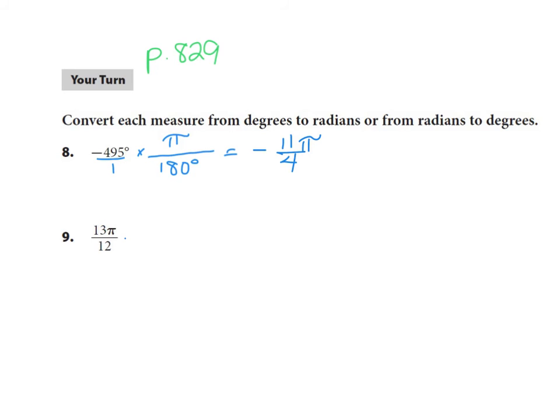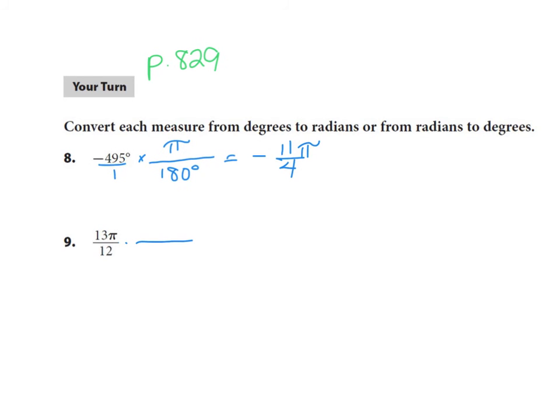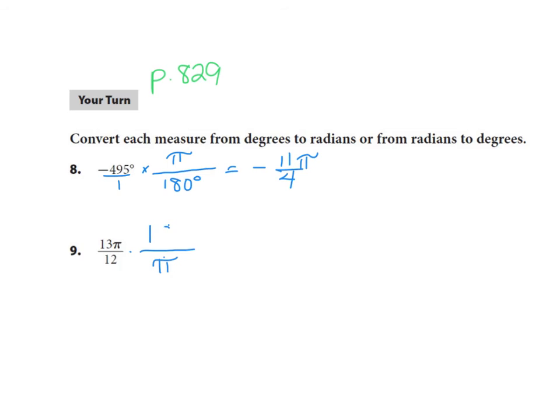Let's convert that. Since I'm starting with radians, because I have a pi there, pi goes in the denominator, 180 degrees in the numerator. The pi's will simplify out, and I can put 13 times 180 divided by 12 in my calculator, and I will get 195 degrees.